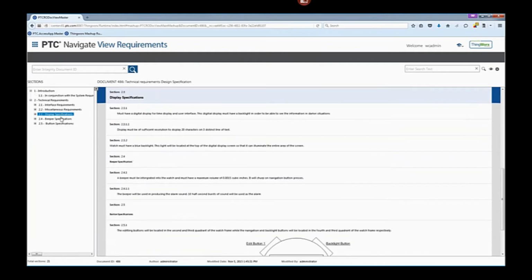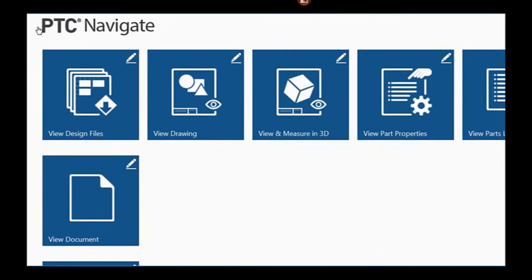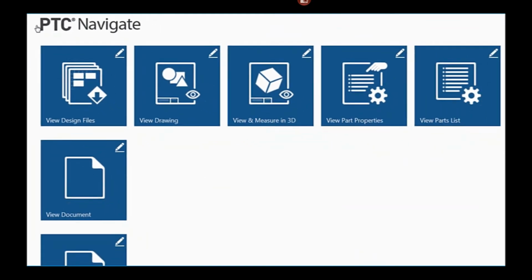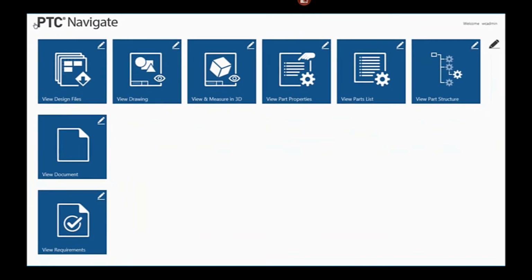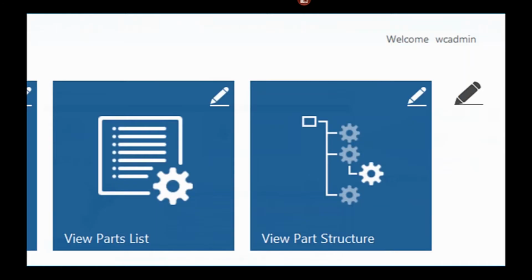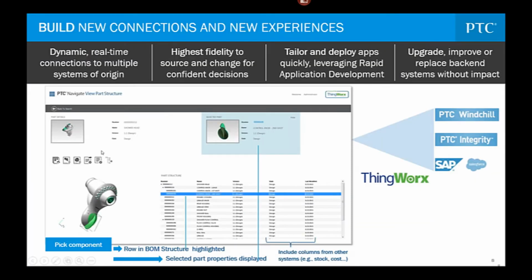So this is really all about dramatically expanding the value of PLM information, of product information across those roles in your enterprise. And again, just in summary, I want to stress that we're talking about dynamic connections. We're not talking about replicating data.